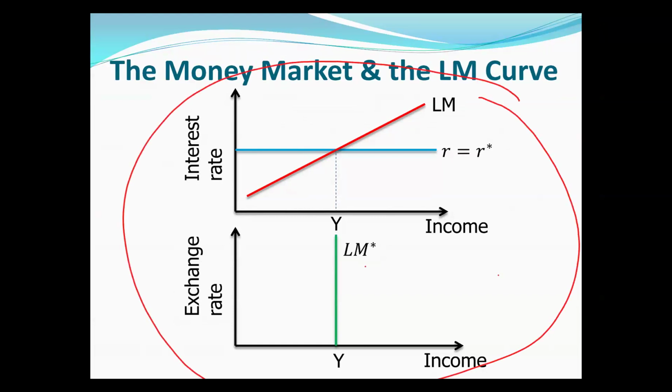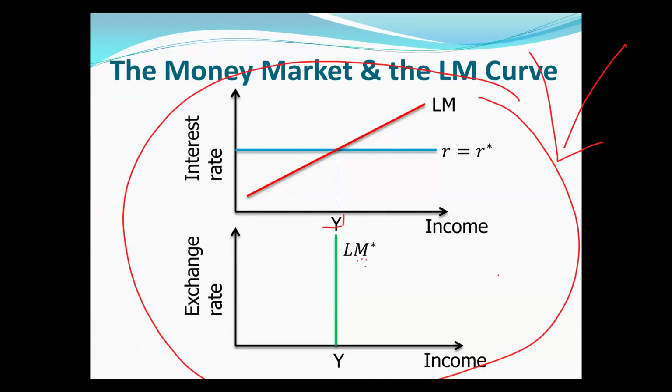The LM curve will be vertical in the open economy. Understand that. In the closed economy, it is upward sloping, isn't it? But in the open economy, it is vertical, like that.